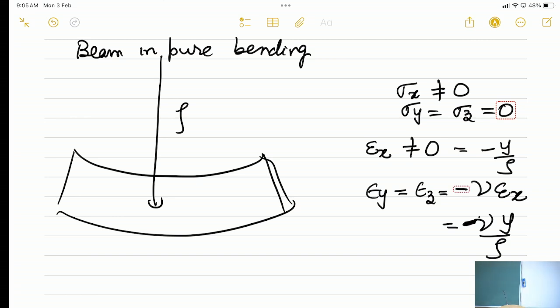So that means there is a strain in the y and z direction.